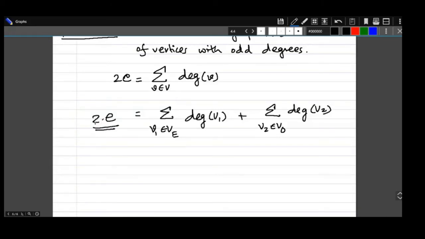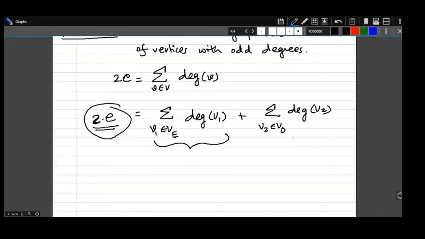it is 2 times the number of edges. If you put 1, it is 2, if you put 2, it is going to be 4. So it is always even, and this side is always even. So the first term in the last equality is always even, because you have an even number of vertices, so even times even is even.